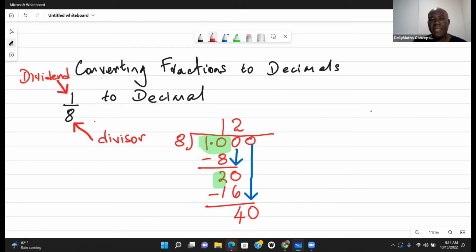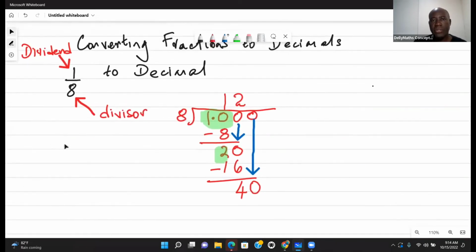Then now we're going to say the 8 into the 40. 8 into 40, 5 times. 5 times 8, 40. And you continue until there's a 0. And when there's a 0, that's when we stop. So if you notice right now, we got a 0. That means we're at the end.